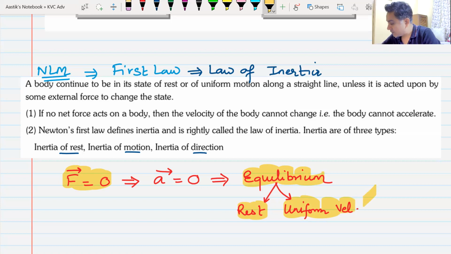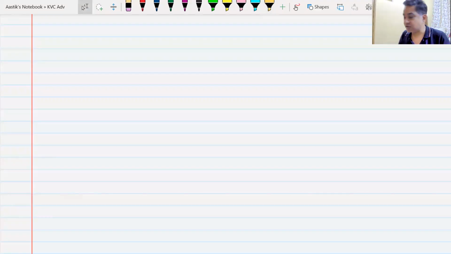Okay. A body moving with uniform velocity or at rest is what we call a body in equilibrium, and the first category of questions will be based on equilibrium. How will you solve this question of equilibrium?